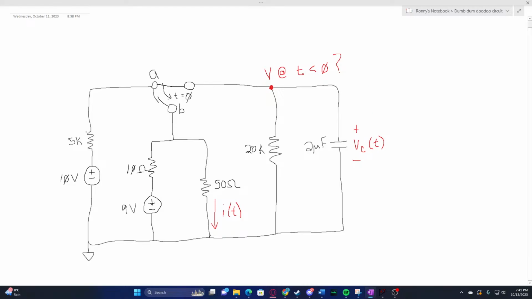And because this has been on for so long, we assume that the capacitor is fully charged, and a capacitor in a DC circuit is a short. So basically, there is 0 current, theoretically, or ideally, flowing through here, and it's all only going this way.